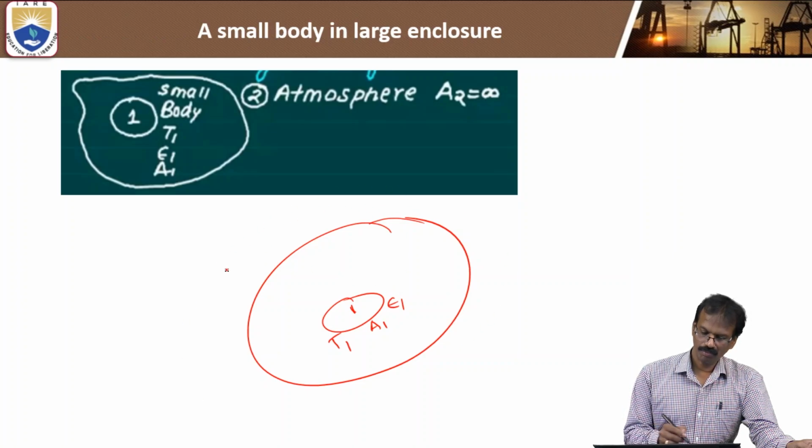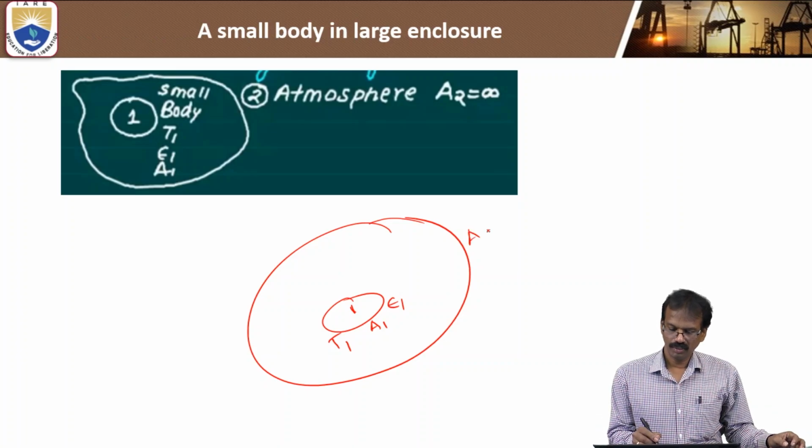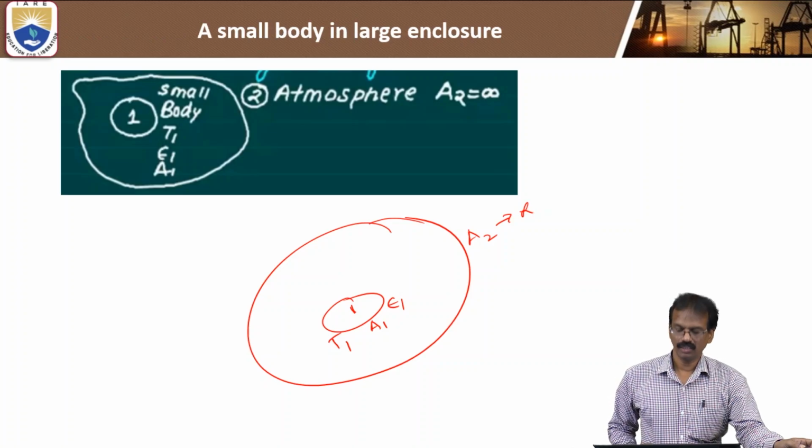It is surrounded by the atmosphere. Since the atmosphere is very big, you can consider its area as infinity. In this condition, we'll derive the heat transfer between these two surfaces, the small body and the big enclosure.